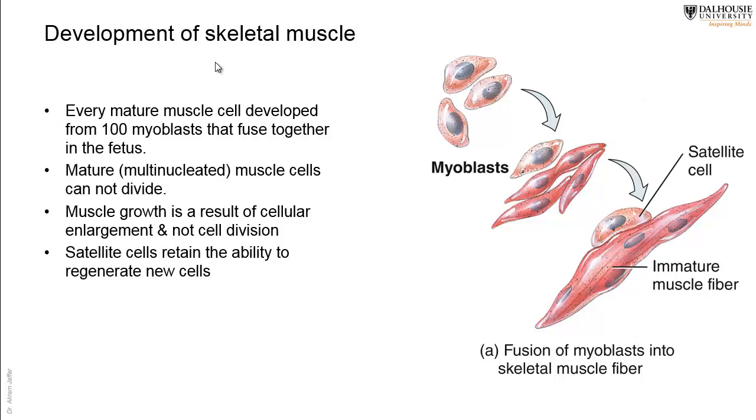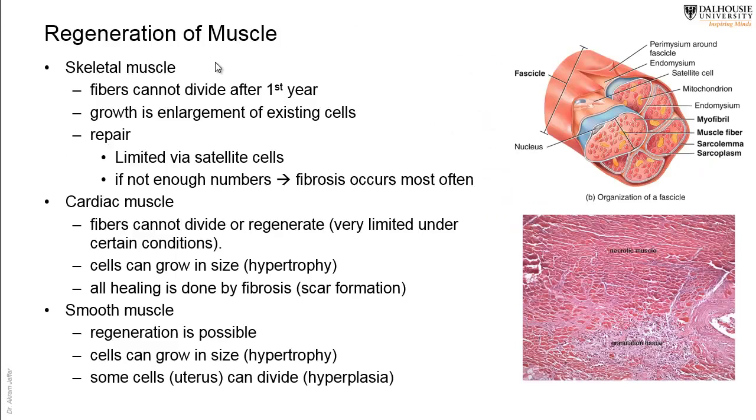Some of these myoblasts retain their ability to divide and regenerate, and they are attached or closely related to the mature muscle fiber and are called satellite cells. These satellite cells, which are very closely related to the muscle fiber, will help in a limited regeneration of the muscle fiber.